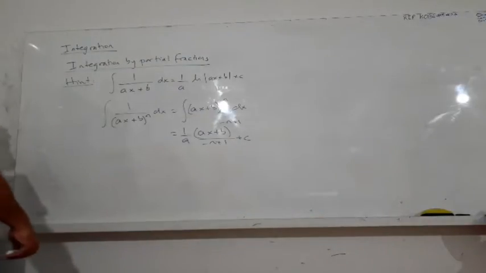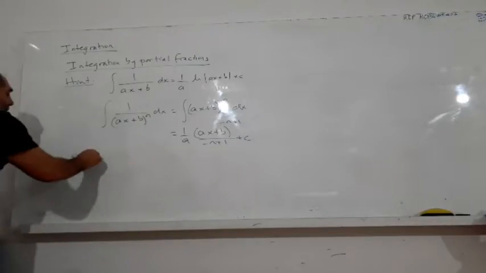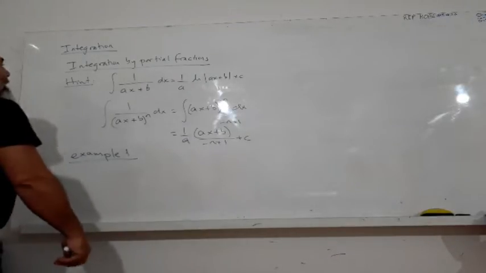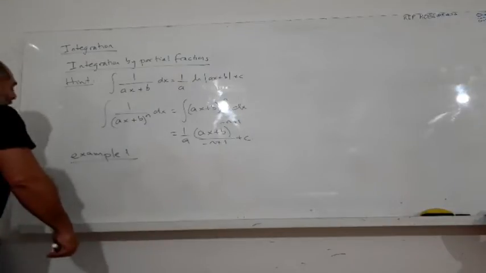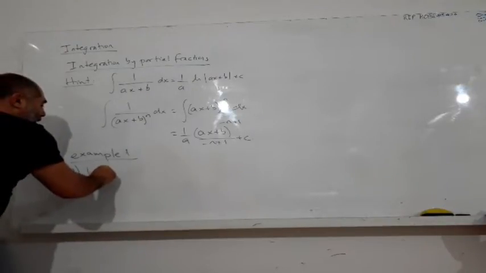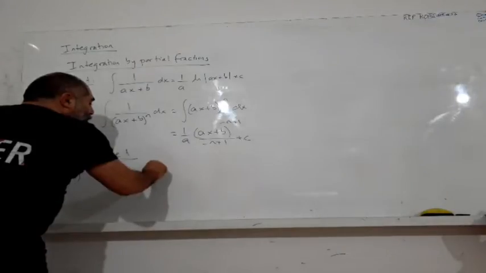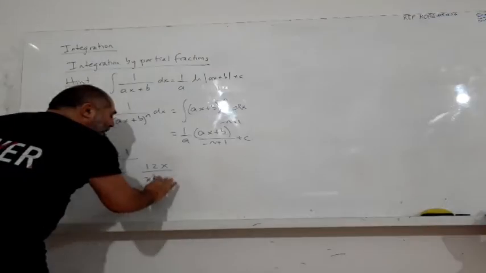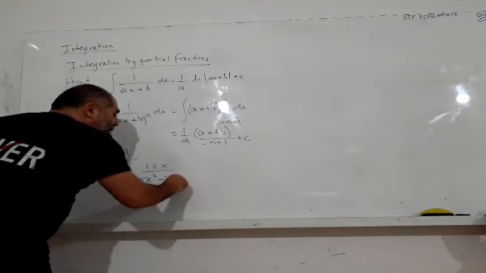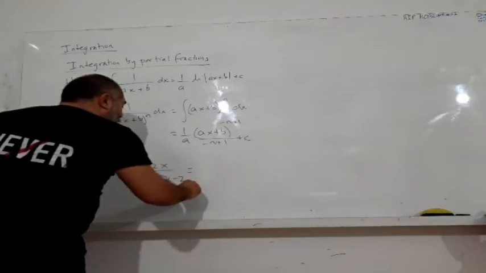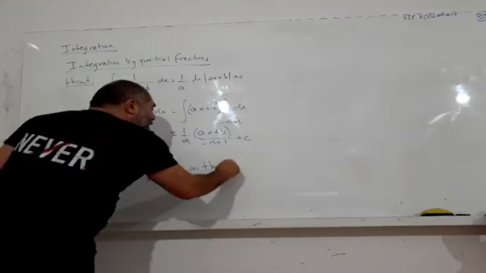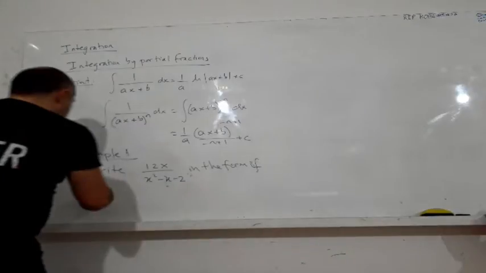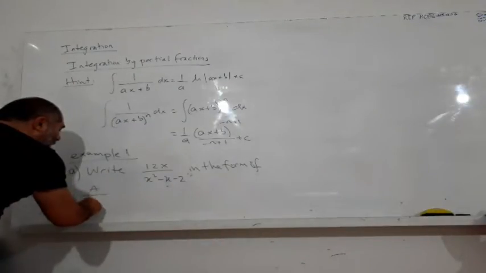Example 1 for integration by partial fractions. Part A: write 12x over x squared minus x minus 2 in the form of a over x minus 2 plus b over x plus 1.